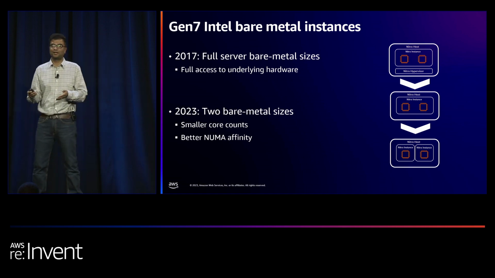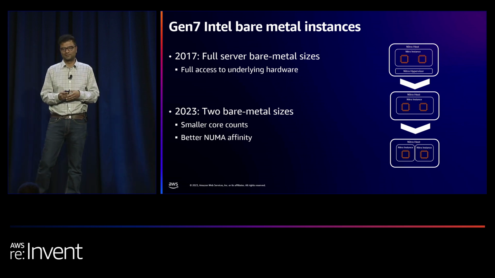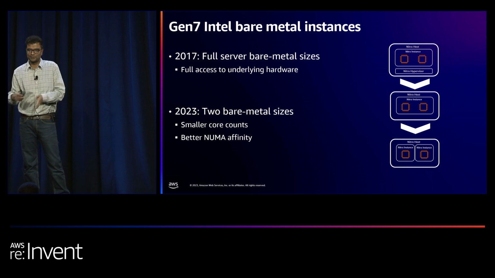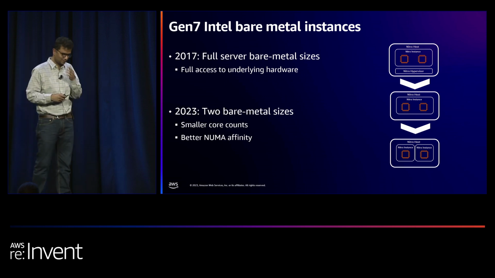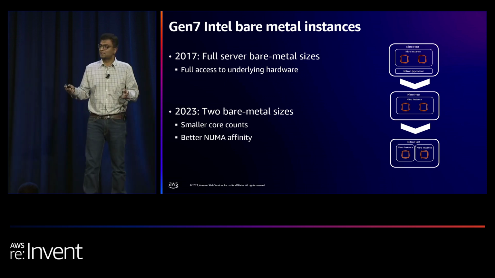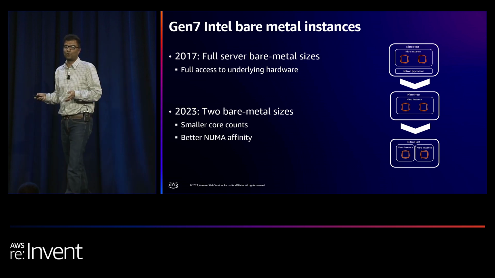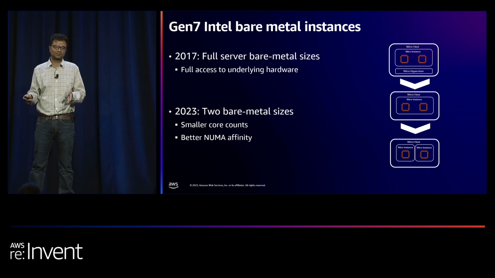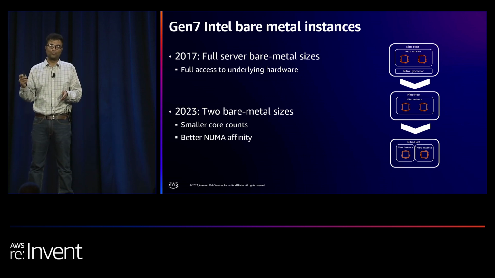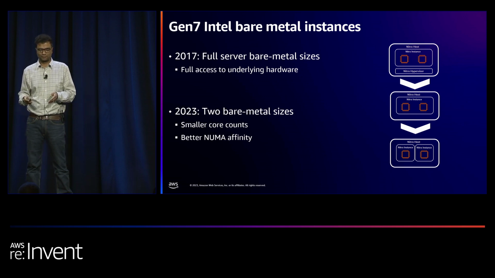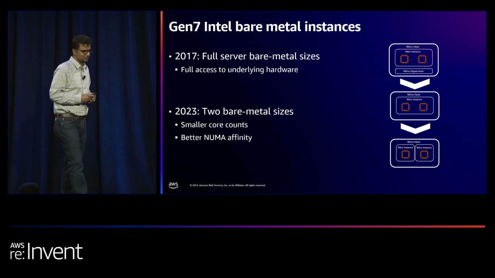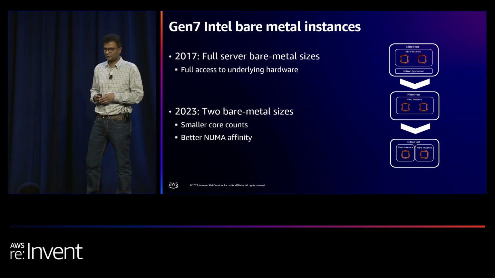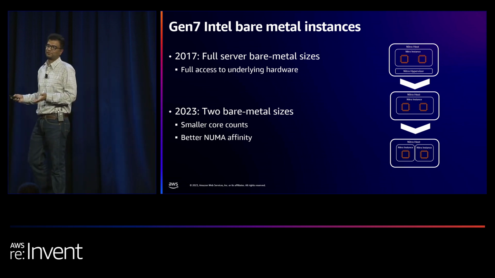And customers said that they wanted smaller bare metal sizes because they were already using the Cascade Lake processors and wanted to transition smoothly using the smaller bare metal sizes. There were also customers like NASDAQ who wanted better NUMA affinity or single socket bare metal sizes. And that's why we decided to launch 2 bare metal sizes for the very first time with our Gen 7 Intel-based instances. And this was all, again, possible because of the Nitro System.